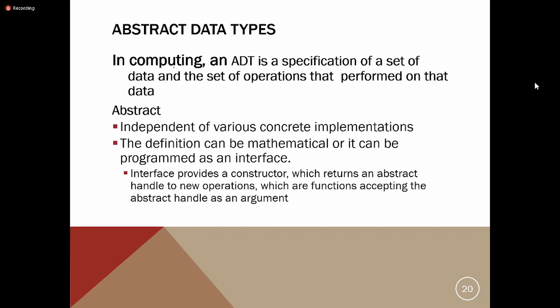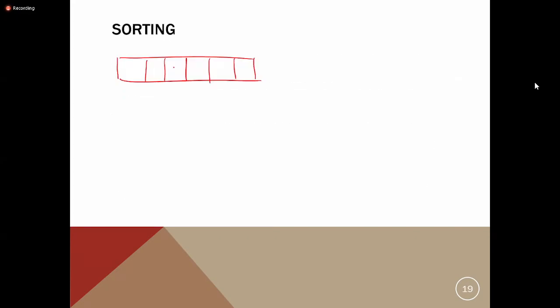So let's say we have an array 6, 7, 8, 9, 10, 11. We need to arrange them in ascending order.